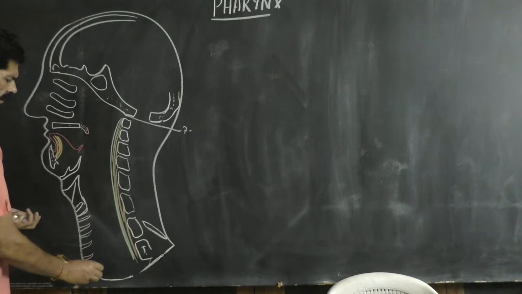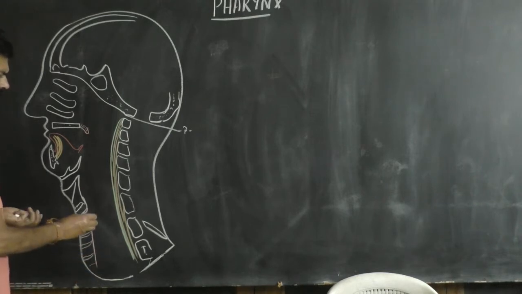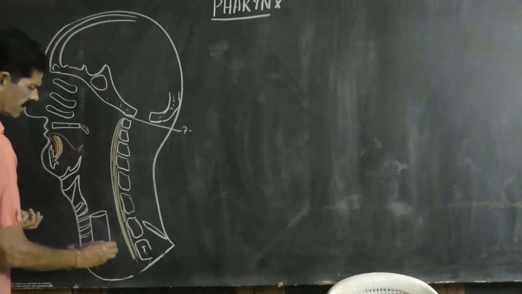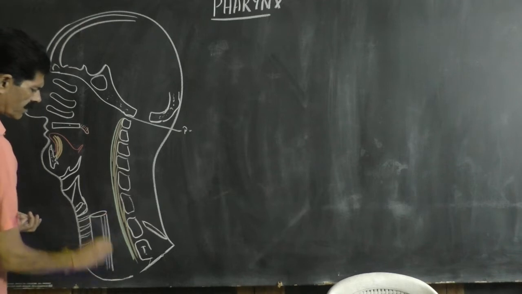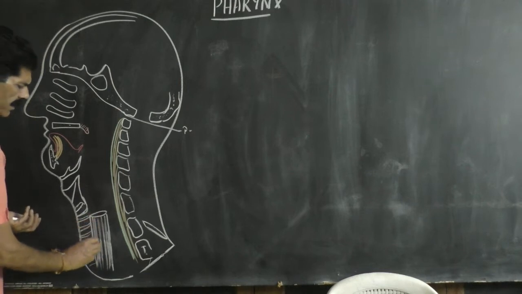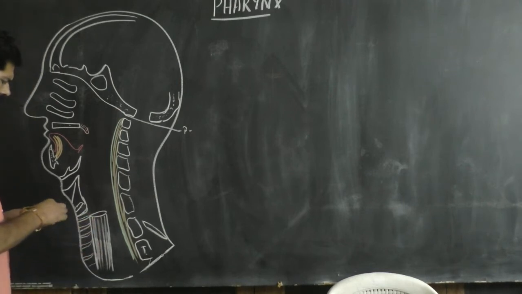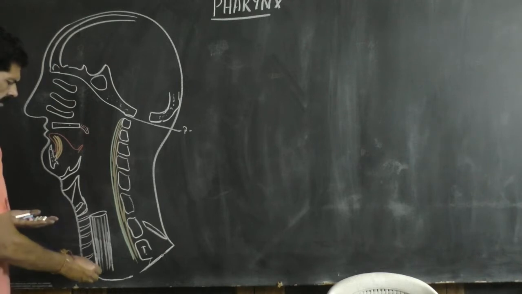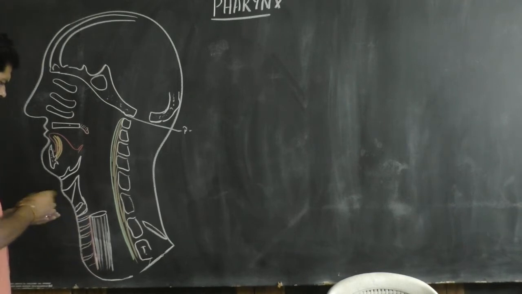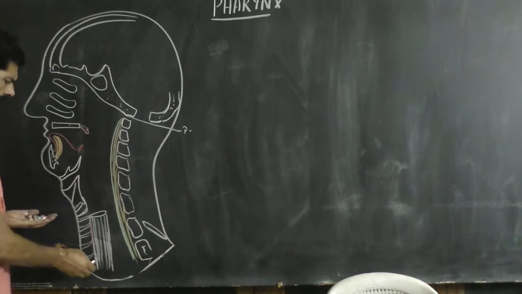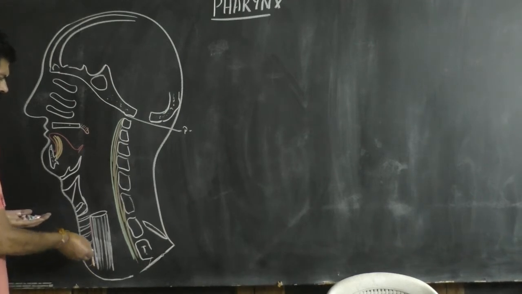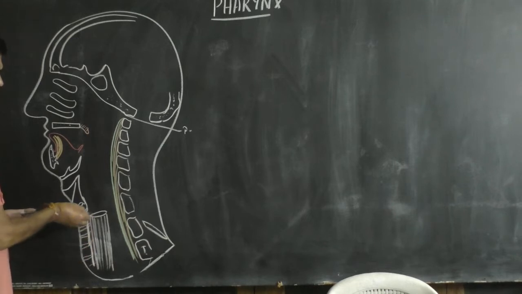At the same level the food pipe also starts, the esophagus, posteriorly, with outer longitudinal and inner circular smooth muscles. In between the two there is a tracheoesophageal groove, which contains the inferior laryngeal artery, inferior laryngeal vein, and the recurrent laryngeal nerve.